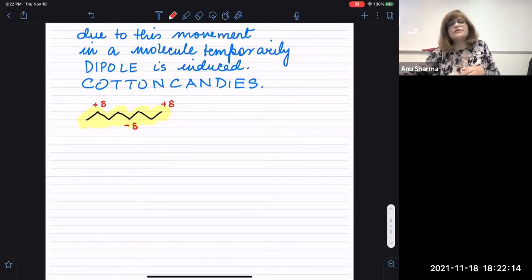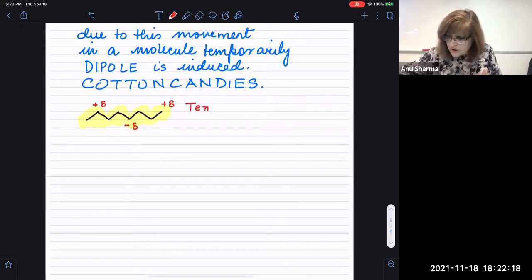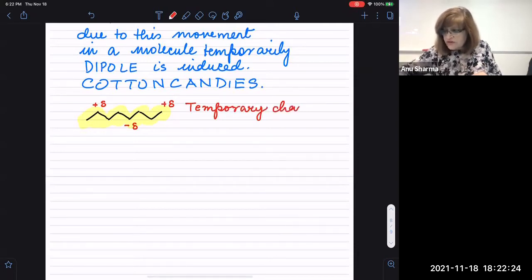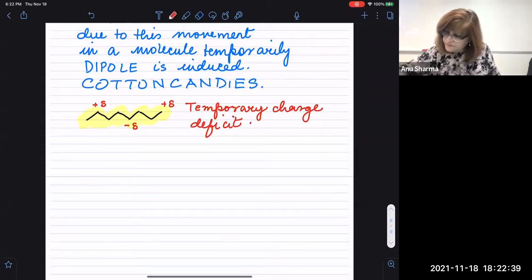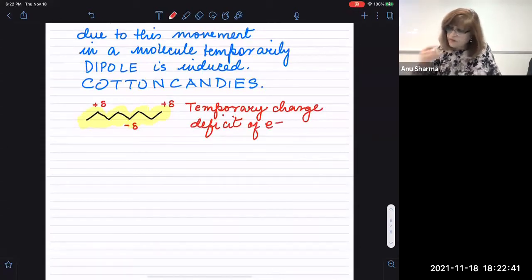So those things can be induced. This is just a temporary charge, but it's not even a real charge. It's just due to the deficit of electrons. Okay, all right, so this is one piece.